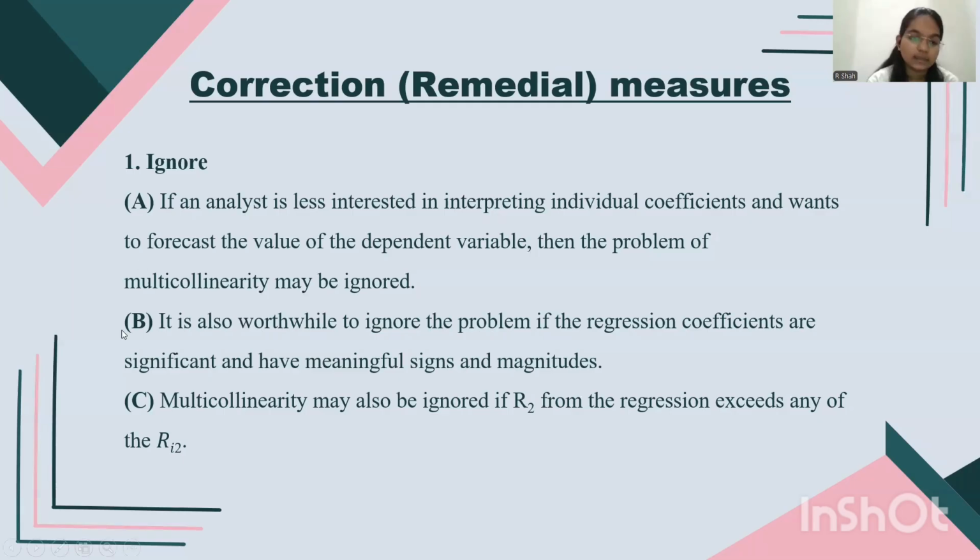C. Multicollinearity may be ignored if R square from the regression exceeds the R square of the other relationships. That means in some cases we are not interested in interpreting the individual coefficient effects, or want to forecast the value of the dependent variable. At that time we can ignore the problem of multicollinearity.